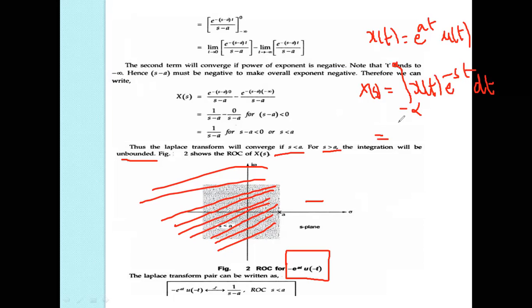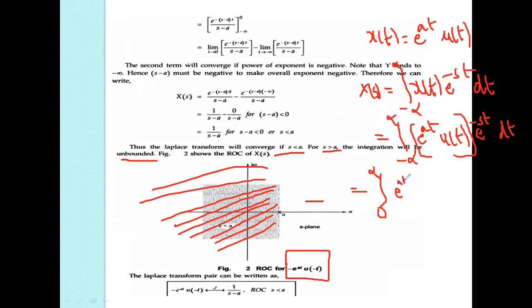So the integral of e power a t mu of t into e power minus st dt. Mu of t is equal to 1 in the range 0 to infinity. So e power a t, e power minus st dt.